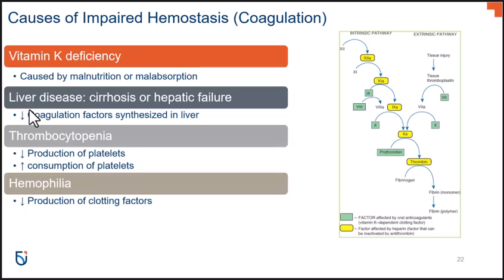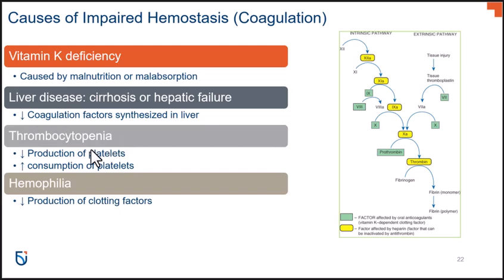The liver, as we know, produces clotting factors. And if somebody has cirrhosis or liver failure and can't properly produce these clotting factors, then it can reduce coagulation or clotting. Thrombocytopenia is a reduction in the amount of platelets or thrombocytes.